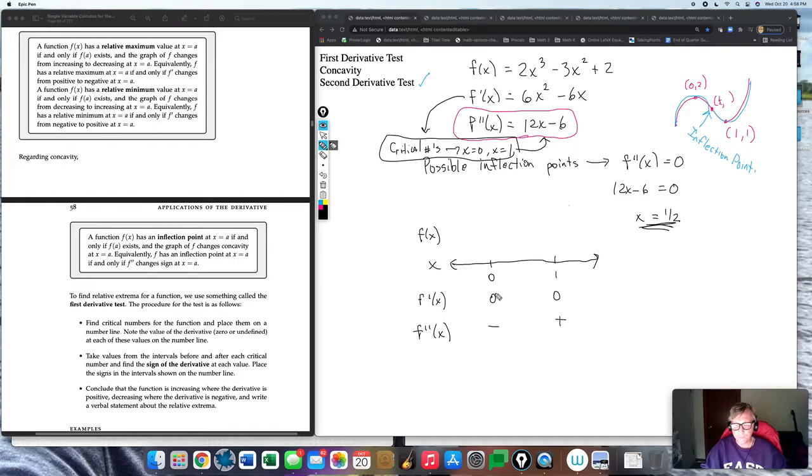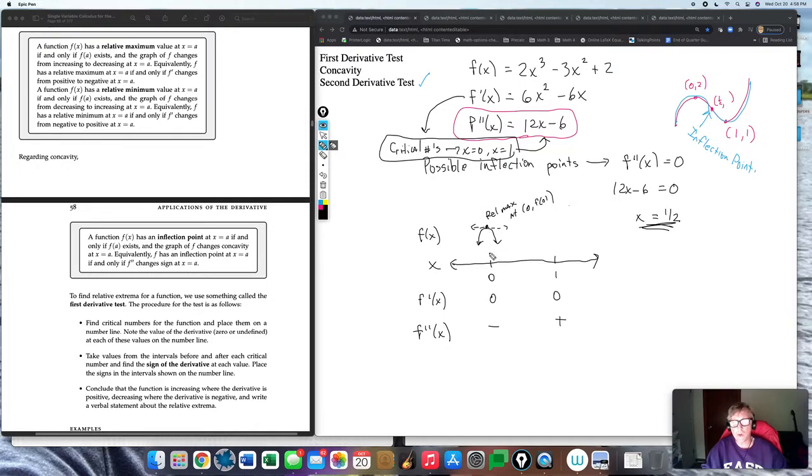Now, what does that mean? It means at x equals 0, the function is concave down, but at 0 there is also a horizontal tangent line. So it's not just curved down, but at this point we can say there is a relative maximum at 0, f of 0.